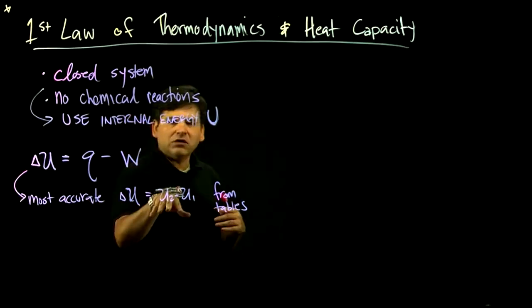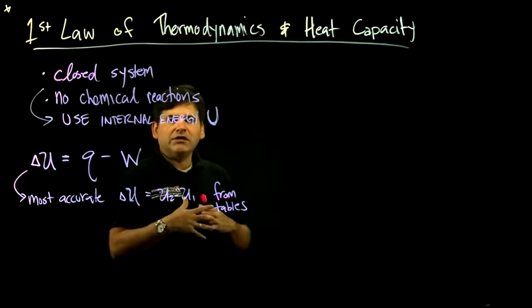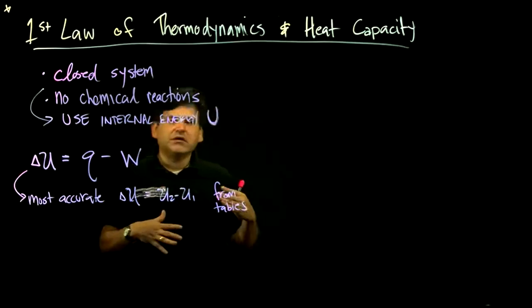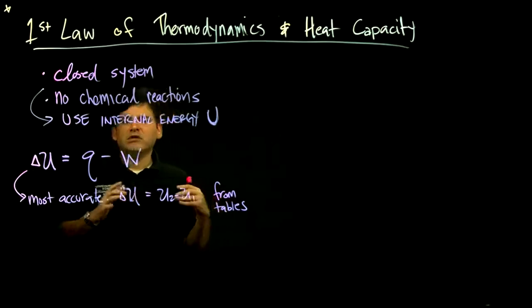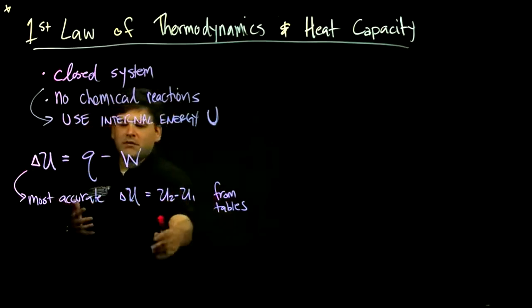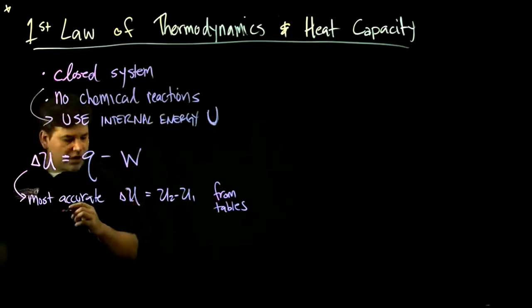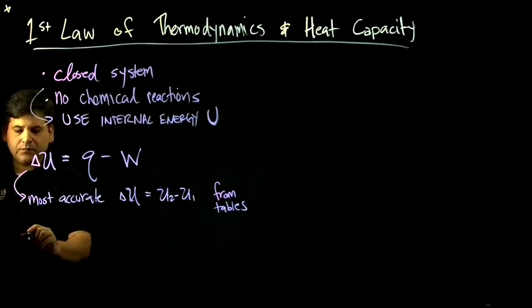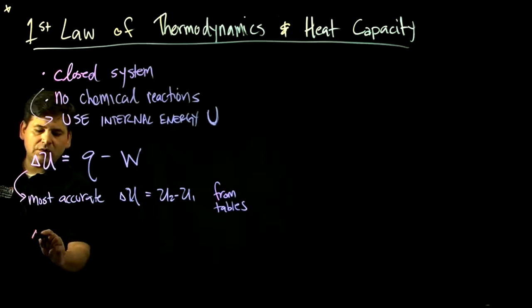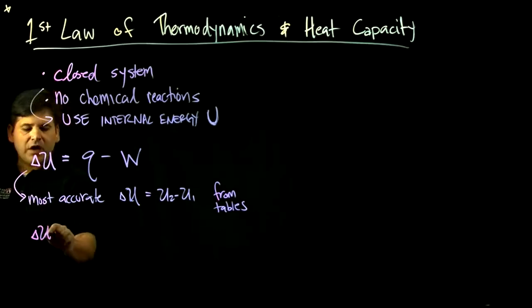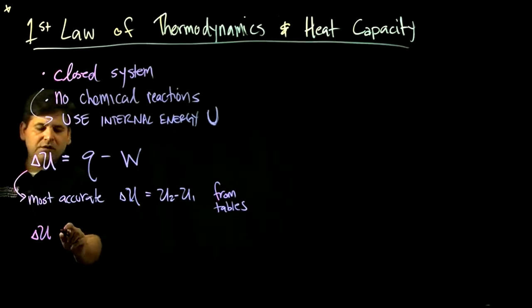Rather than having to look things up, you can have a continuous function to do this energy balance using equations. That's how heat capacity is useful, and it's a different way of evaluating internal energy.